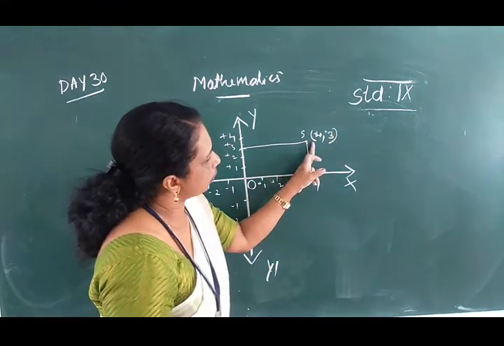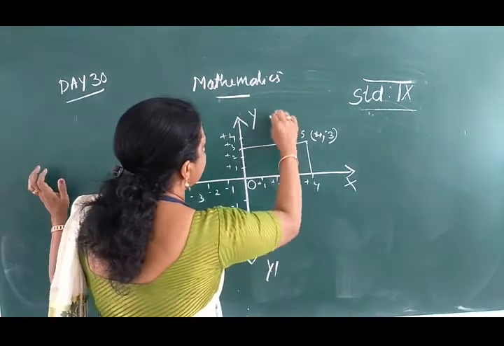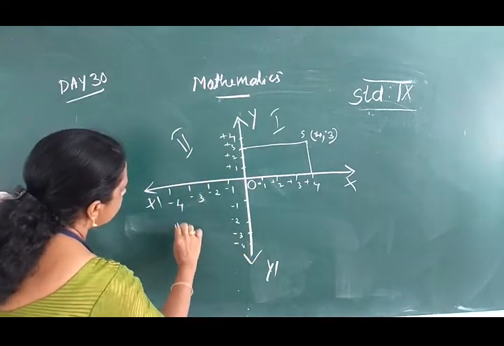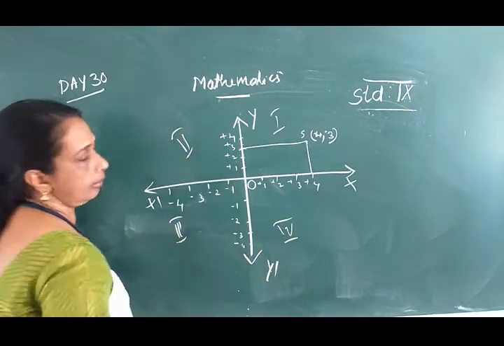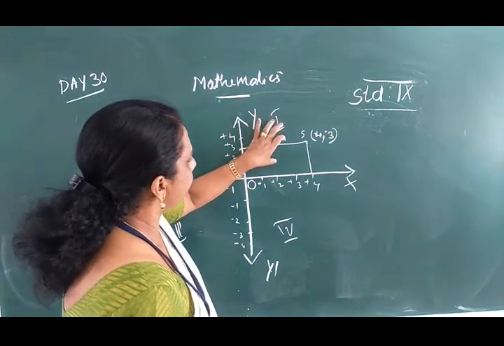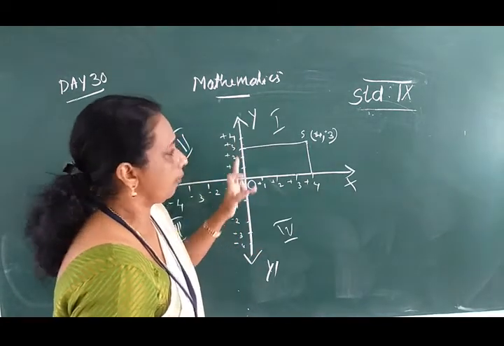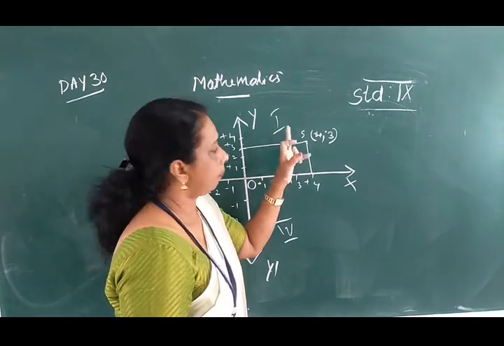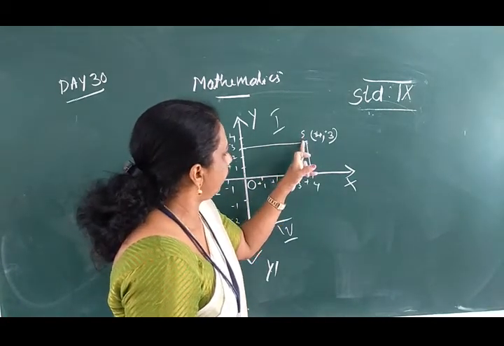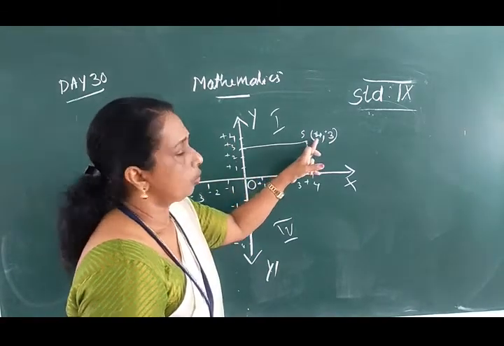X coordinate is positive and y coordinate is positive because it is the first quadrant. First quadrant, second quadrant, third quadrant, and fourth quadrant, we are taking anti-clockwise direction. The first quadrant is formed by a positive x-axis and a positive y-axis. Therefore, the coordinates of a point in the first quadrant are both positive.